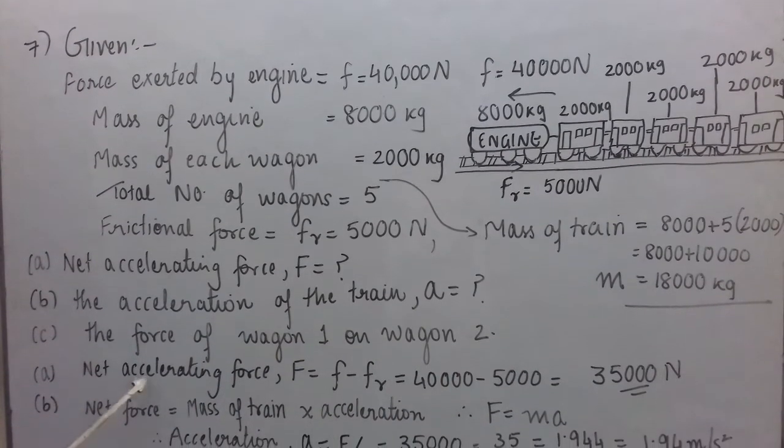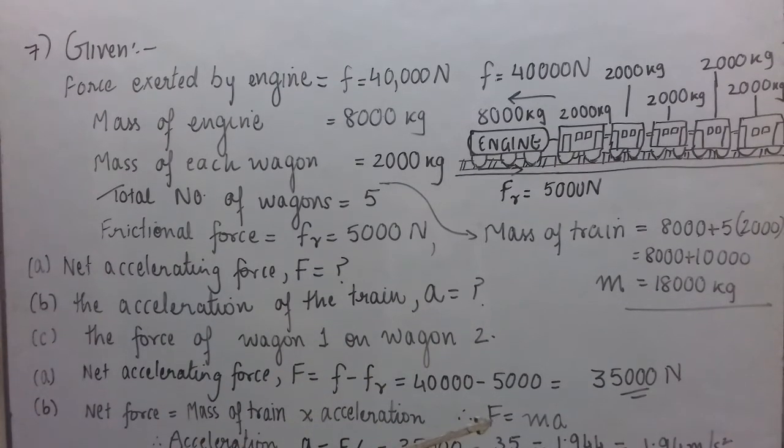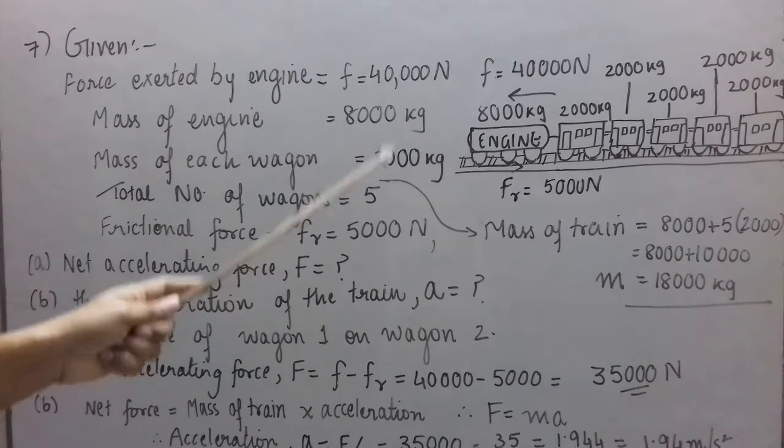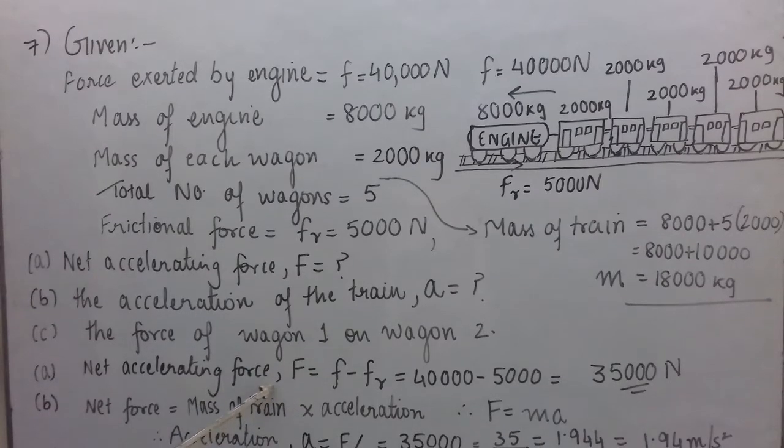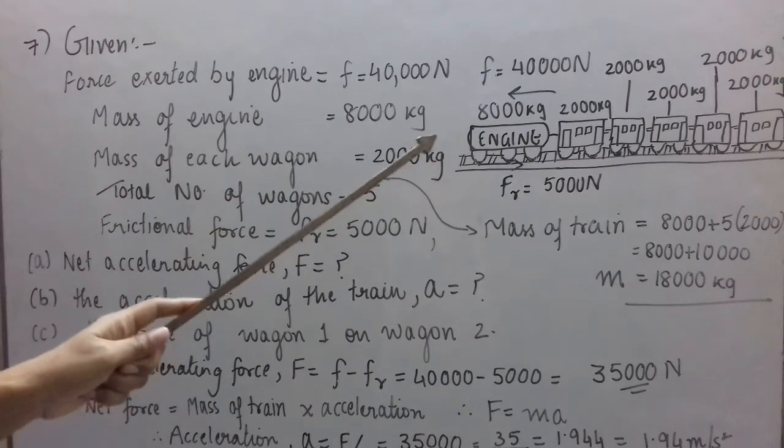So the net accelerating force is 35,000 Newton. Remember that the engine is also moving along with the wagons. So this force is not only acting on the wagons, overall we can say this net accelerating force is acting on the complete train.